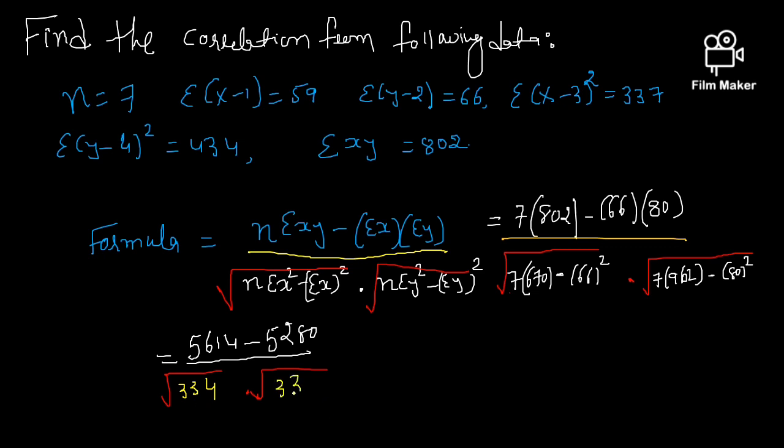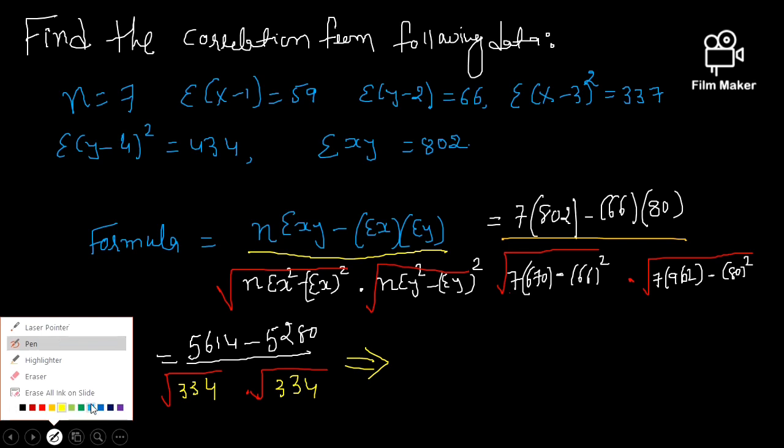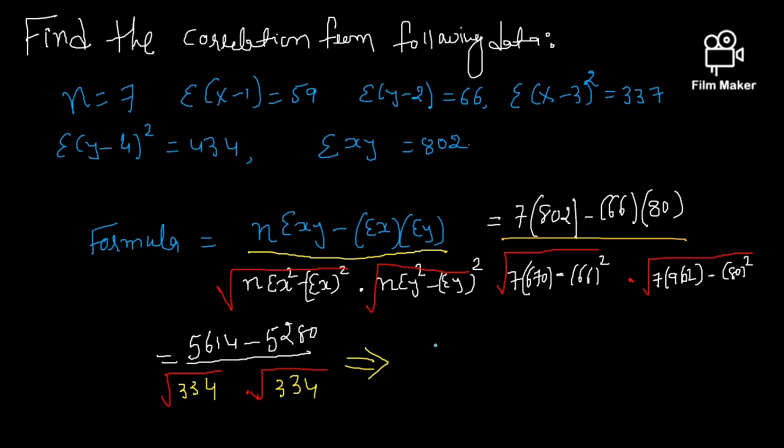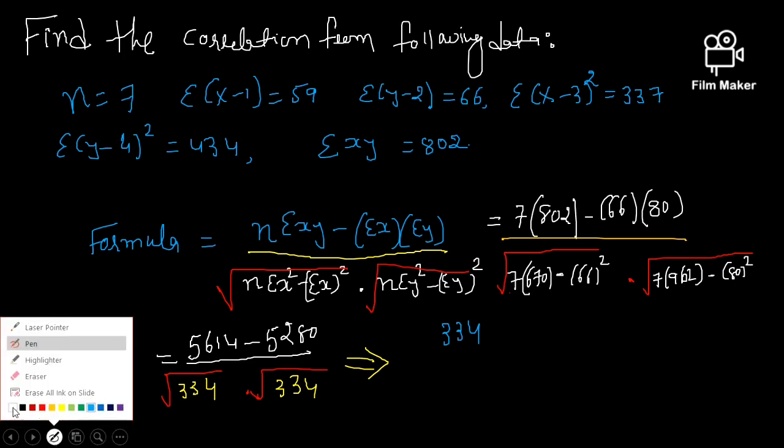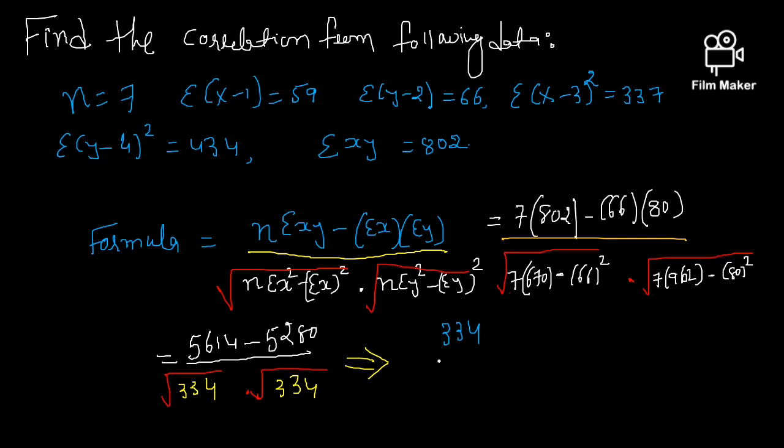Now on the numerator side, 5614 minus 5280 comes to 334 again, and in the denominator there are two under roots, and under both the under roots there is 334. So when you multiply under root 334 into again under root 334, it will be only 334.